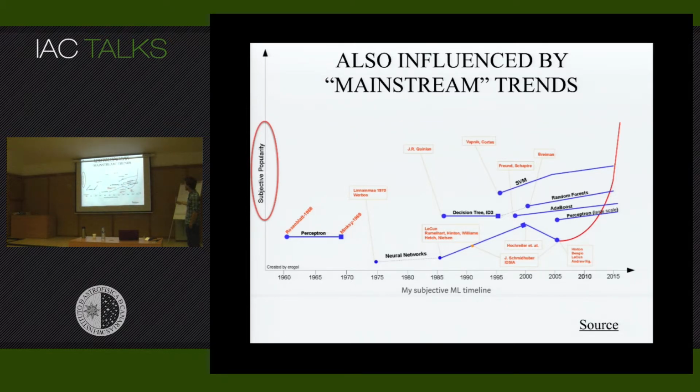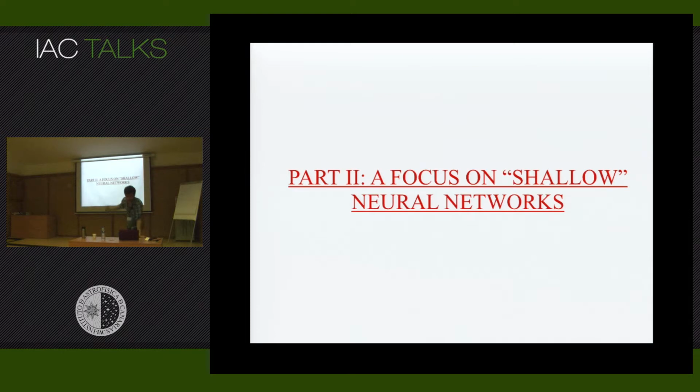You see that in the early 2000s, SVMs were very important. And now you see this is deep learning. Neural networks are the seed of deep learning, so it makes these tremendous jumps in popularity. Okay, so I will continue with part 2, which is on neural networks.